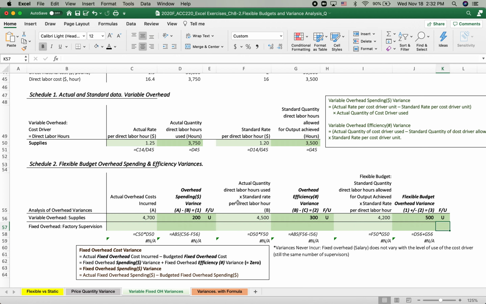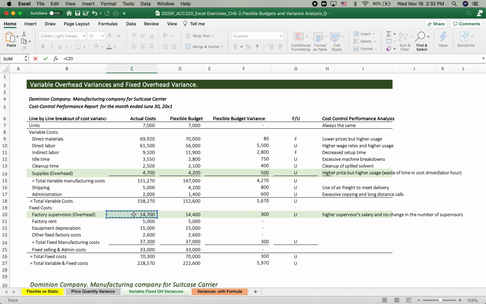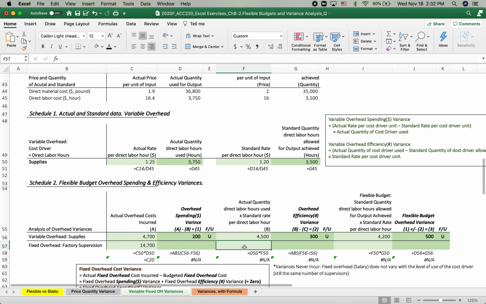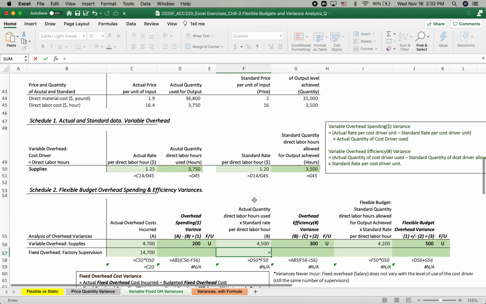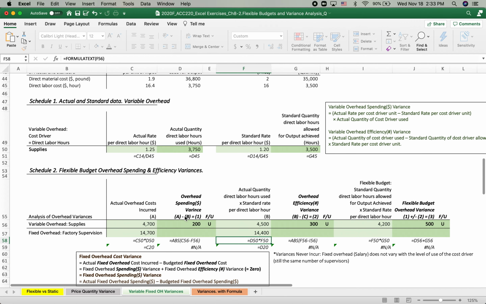How about the fixed overhead cost? Factory supervision in the actual overhead cost: where do you get it? Okay, there you go. 14,700 was the actual cost in factory supervision, and the total budgeted cost here is 14,400.